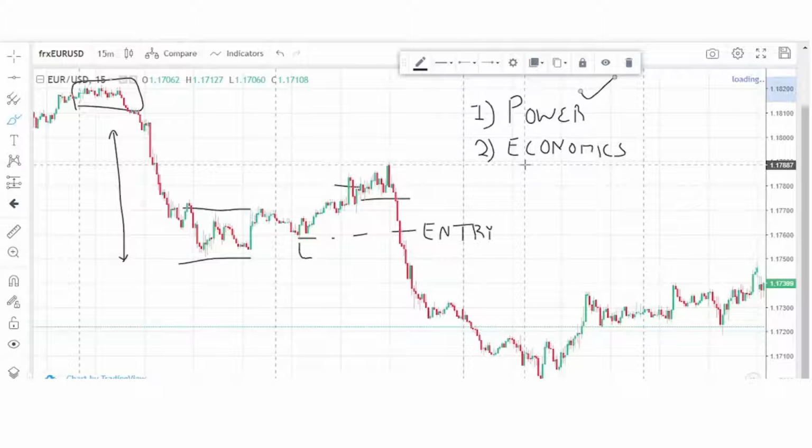Okay, so you don't need to be an economic guru. You just need to understand how to interpret the economic calendar to see, do you have the markets in your favor? So with the economic calendar, you can get it from investing.com.